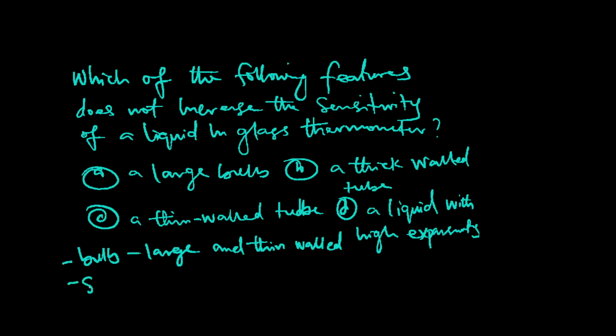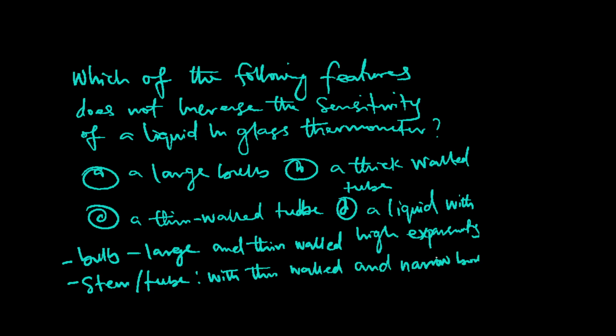That's one. Two, the stem, or what we call the tube. A stem or tube with thin walls and a narrow bore. This increases what? The sensitivity.